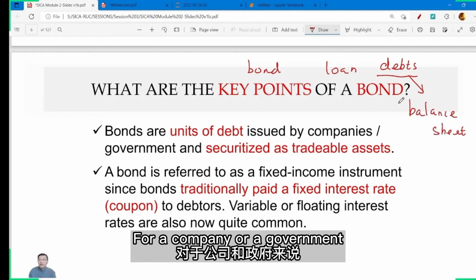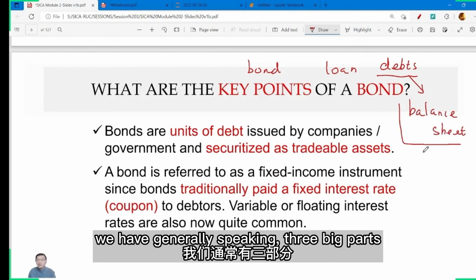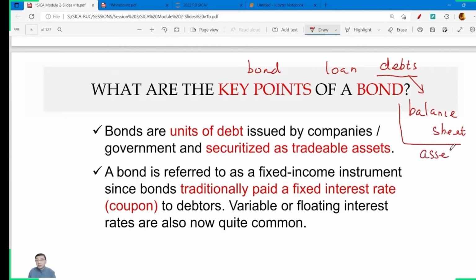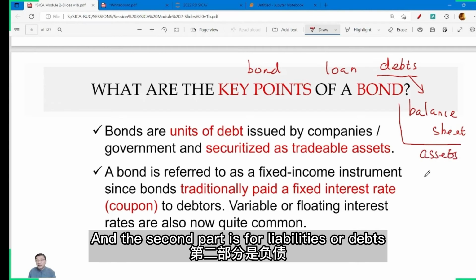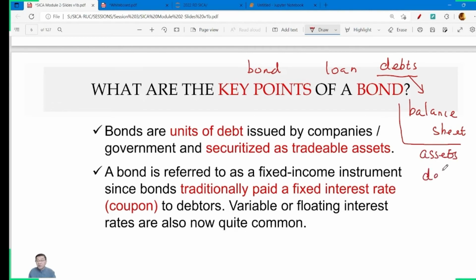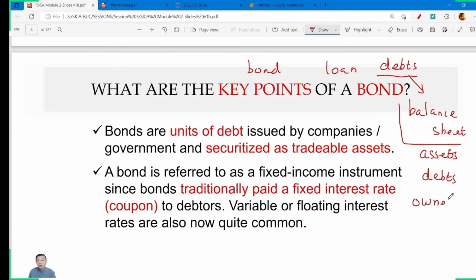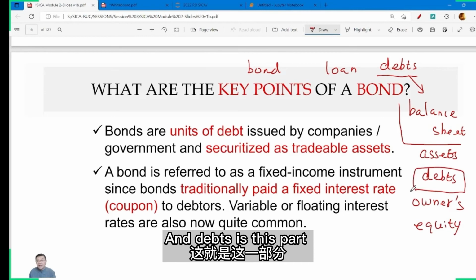For a company or a government, the balance sheet generally has three big parts. The first part is assets. The second part is liabilities, or debts. The third part is owner's equity. And debts is this part.